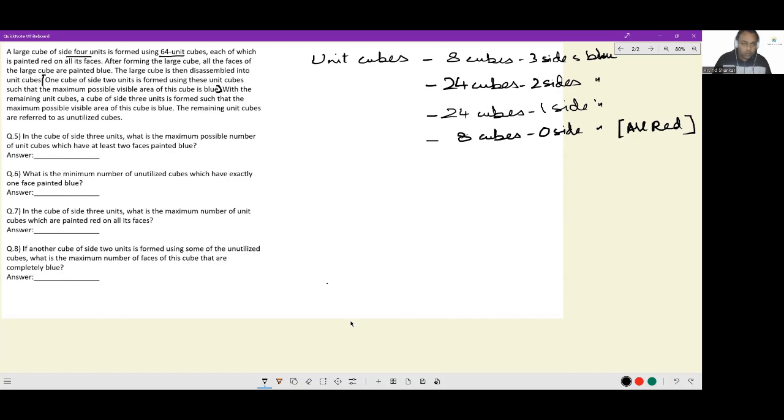Now, in order to create this smaller cube, the cubes that we will prefer are the cubes with 3 sides painted blue. We will have a cube like this getting created. Three sides painted blue, blue, blue, blue.